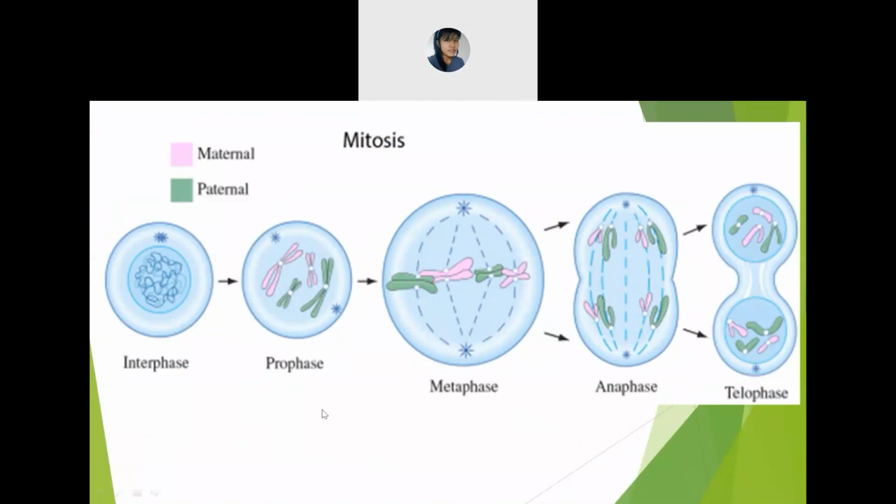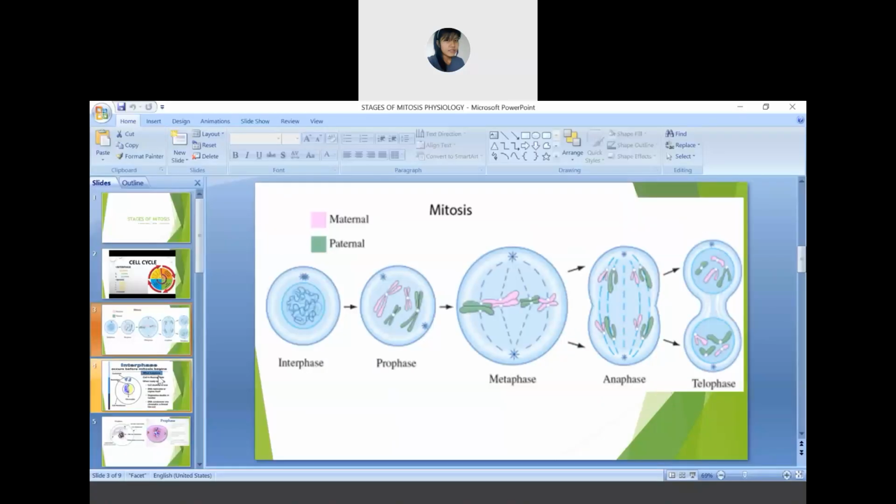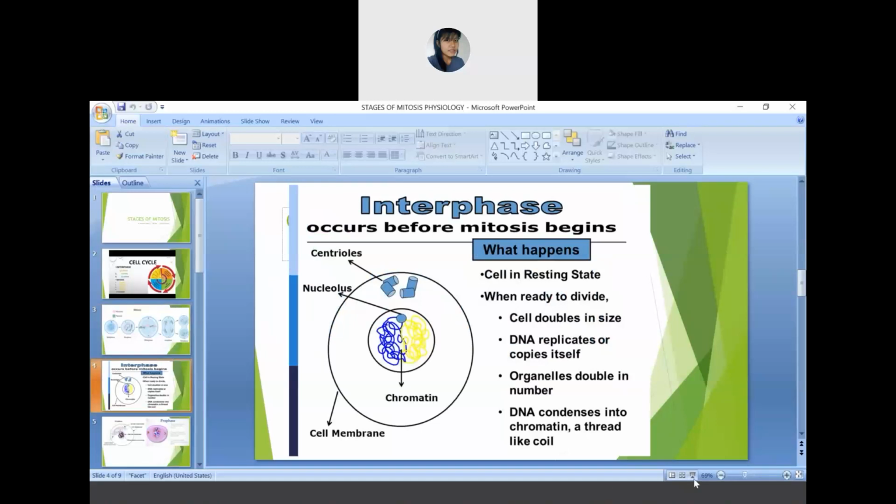Interphase, prophase, metaphase, anaphase, telophase. Is it clear? And this coding also I have shown you. The pink color ones are the maternal, I mean the mother chromosomes, and the green color ones are the paternal, means the father. Okay, let me just show you. Can you see this interface?